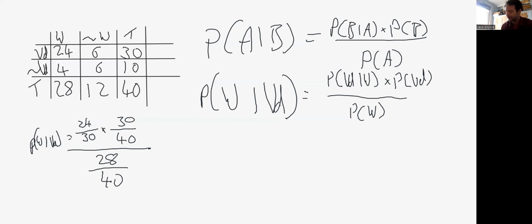So if you now try and work those out, you end up with, equals, calculator, 24 divided into 30.